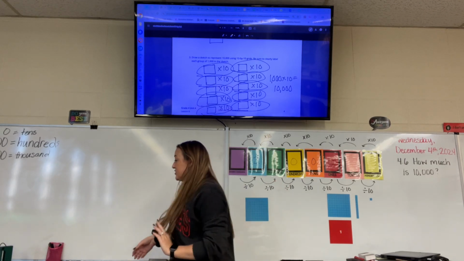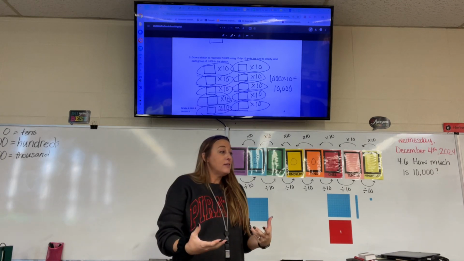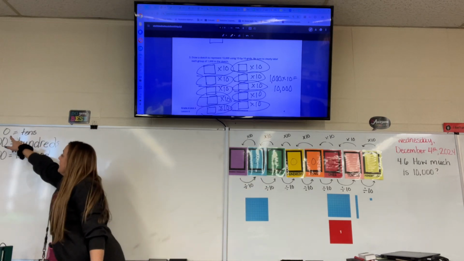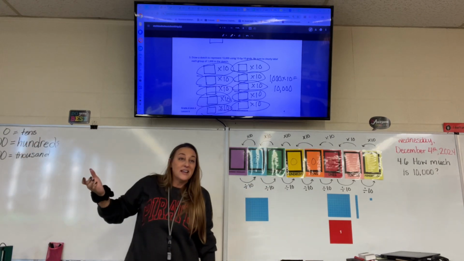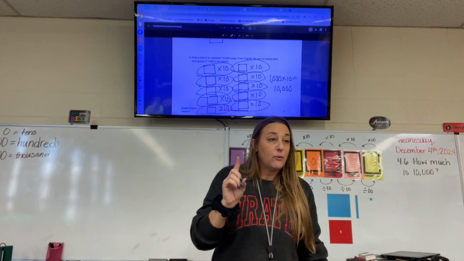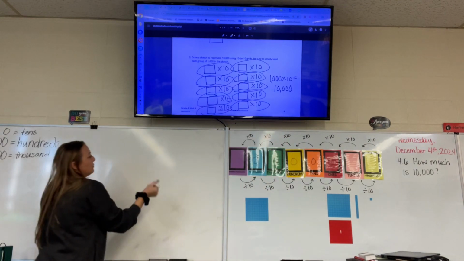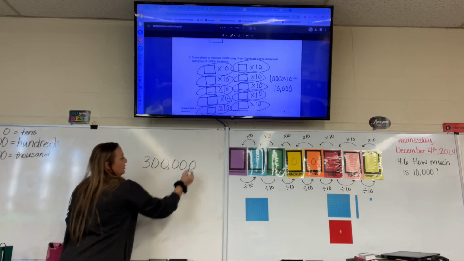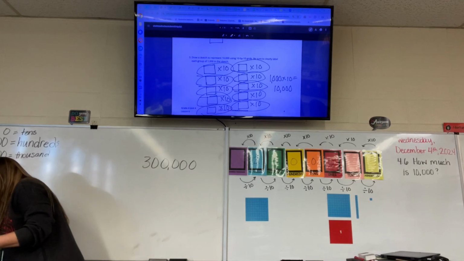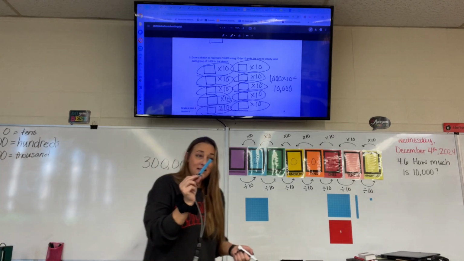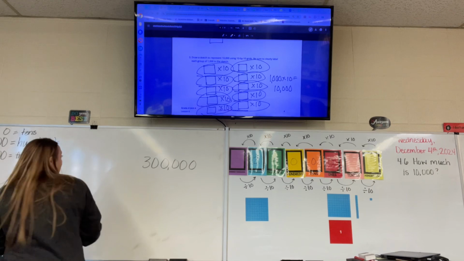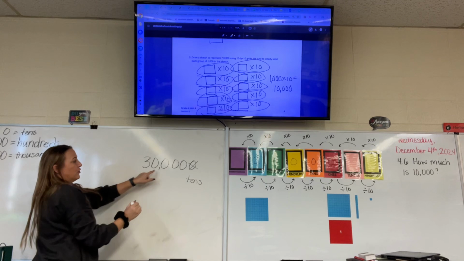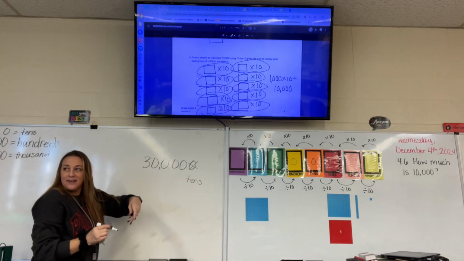And so when I started teaching math, I realized how you can replace 10 with the word tens because the number 10 has 10 in it, right? And so if you were trying to make 300,000 using only these little tiny tens, it would take 30,000 tens.